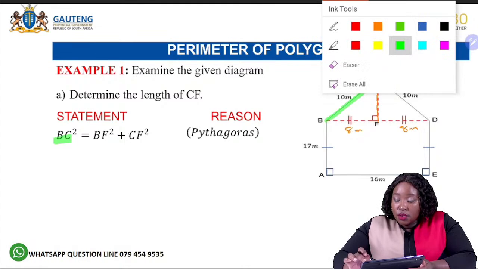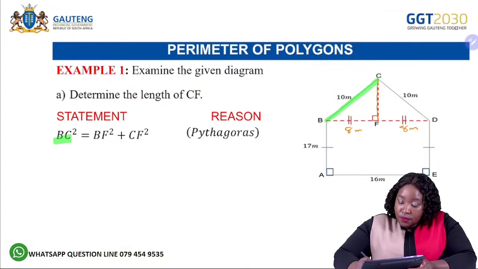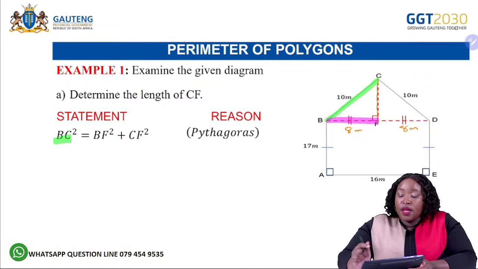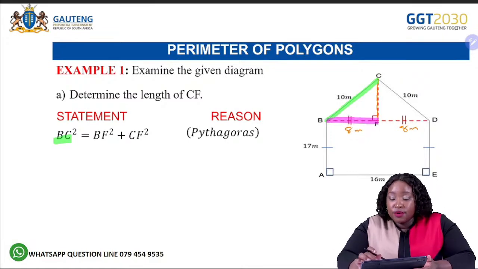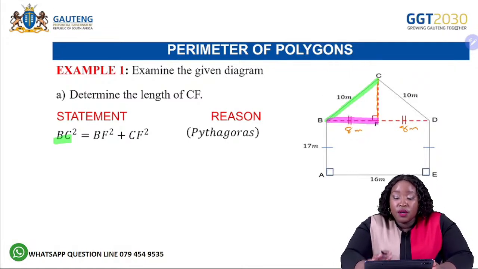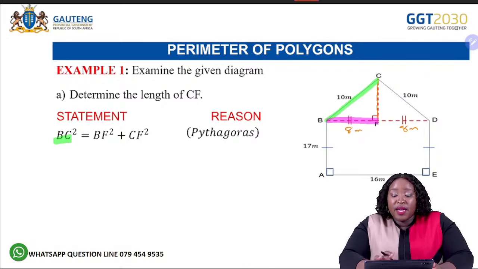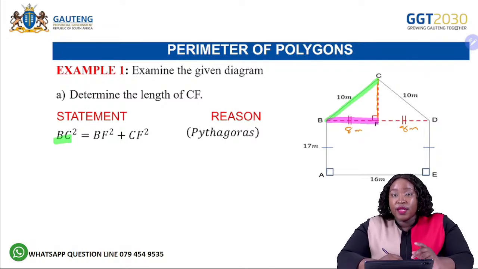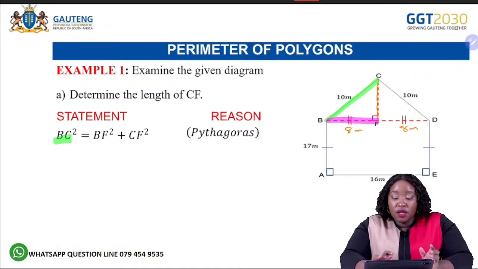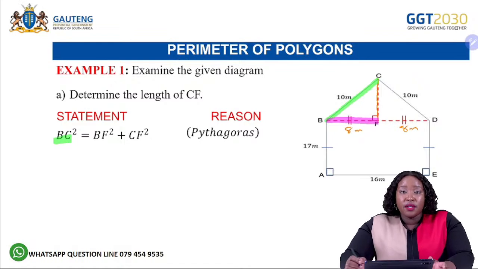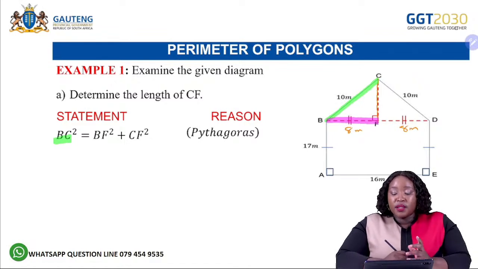We calculated it together. And then we are looking for CF. Okay, so with those, we would use the theorem of Pythagoras. Don't forget, when you use your theorem of Pythagoras, to actually write what you have used. So BC squared would be equal to BF squared plus CF squared.